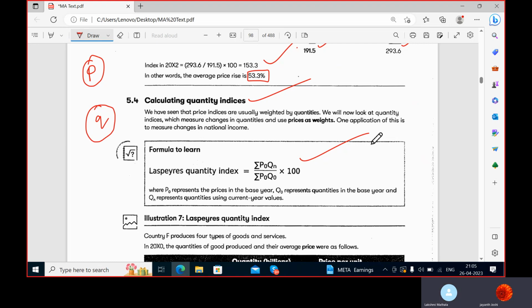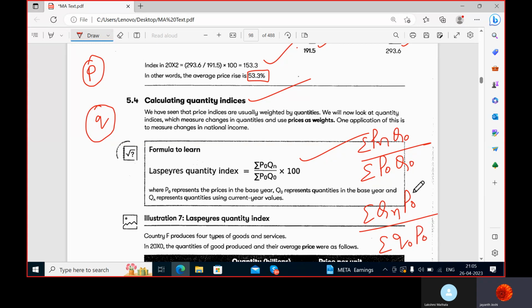Yes, sir. For example, in the last index we had the previous year quantity. Now in place of price we'll put quantity, and in place of quantity we'll put price. I'll tell you this easy trick, then I'll show you why we are doing this.